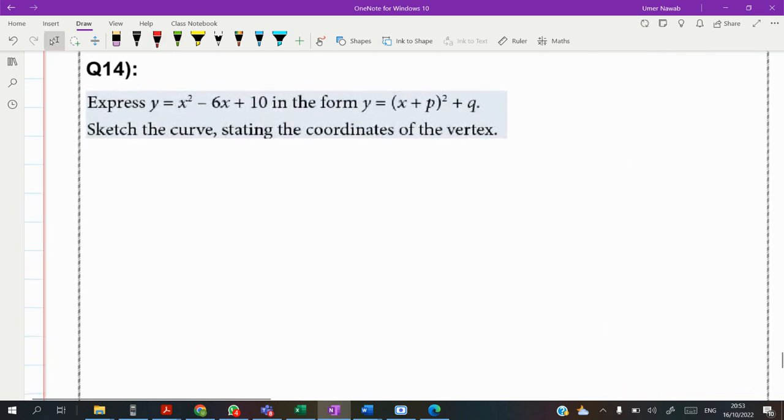Next question, 14th. We need to do basically sketching. In sketching, the most important thing in the standard form is the last number, 10. This is the y-intercept where the graph cuts the y-axis, and the coefficient is positive.